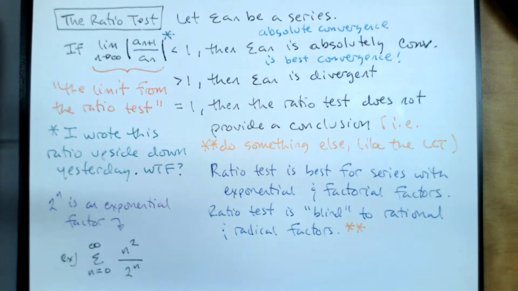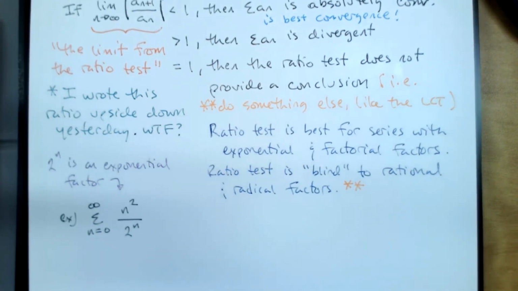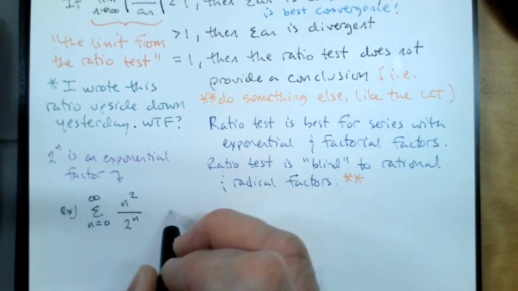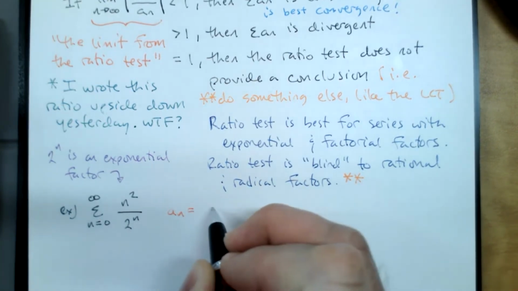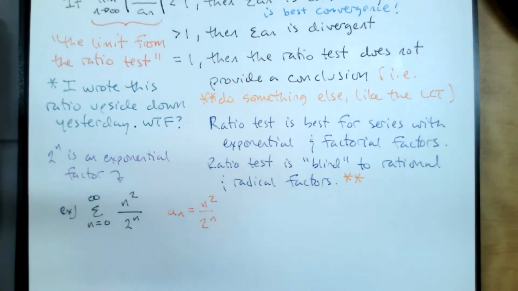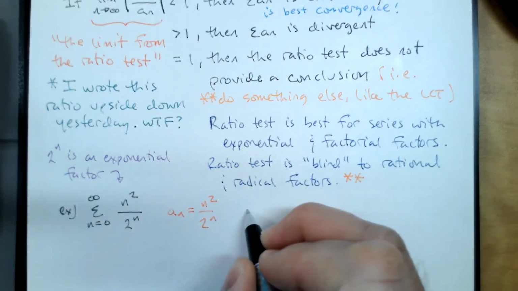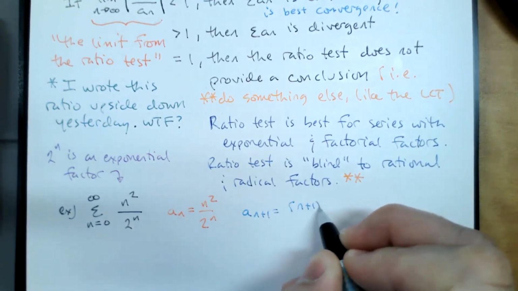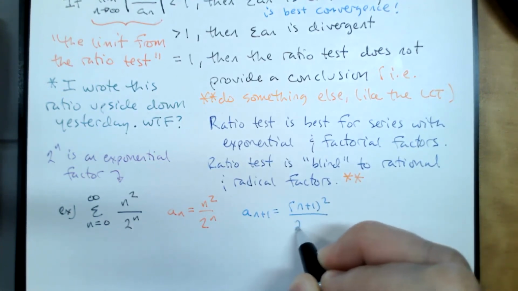We're also in this example going to see how the ratio test ignores rational and radical factors. So the pieces that we need are a_n and a_(n+1). So a_n, that's just the term n squared over 2 to the n. a_(n+1) will be (n+1) squared over 2 to the (n+1).